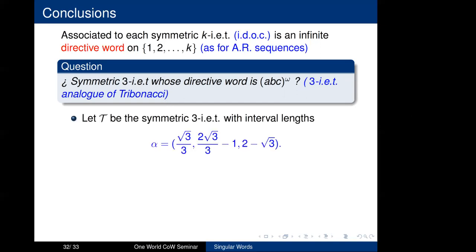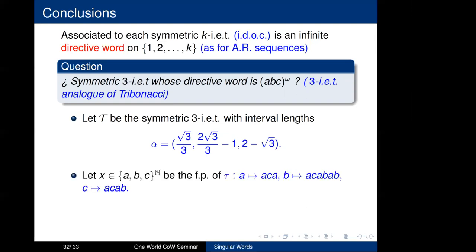Well, it's given by this interval exchange transformation T. So these are the interval lengths. If you apply the earlier algorithm to this vector alpha, you will always land in case 1a. And the index j that I mentioned before is going to alternate ABC, ABC, ABC. It's going to cycle through in that way.